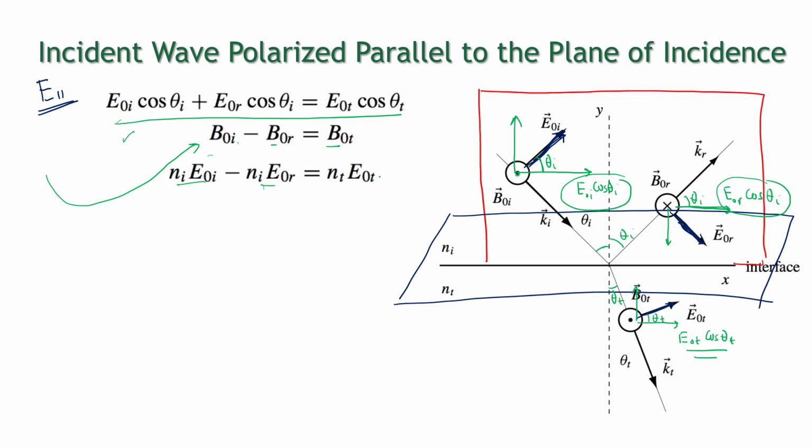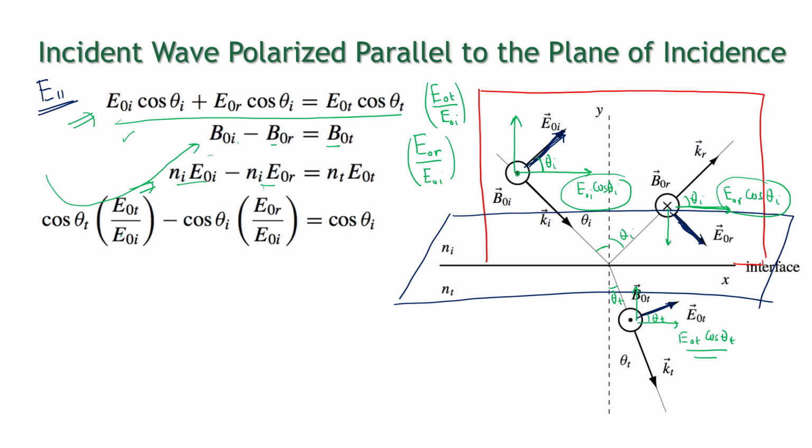Now again, the purpose here is to get the ratio EOR over EOI, and we also want to get EOT over EOI. This is what we want to get. So for that, let's do the same thing as before. So divide both sides by EOI, on this one as well as on this one. Divide both sides by EOI, so we get this from the top equation, and do the same thing for the bottom one. We get that.